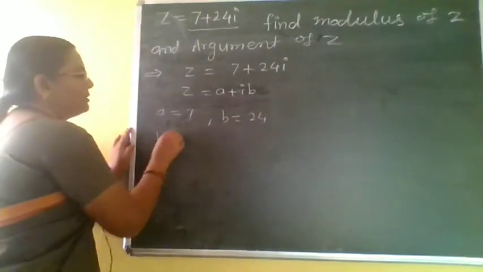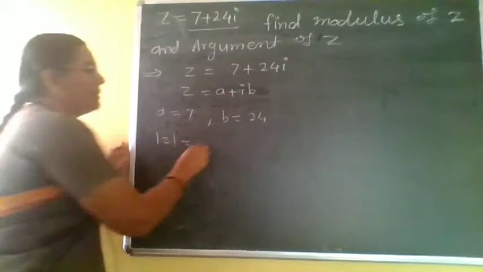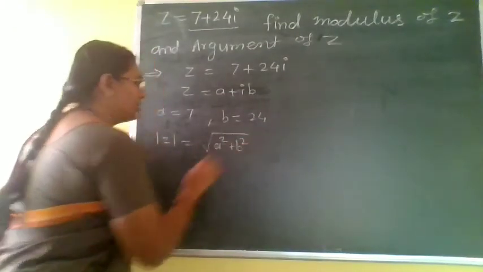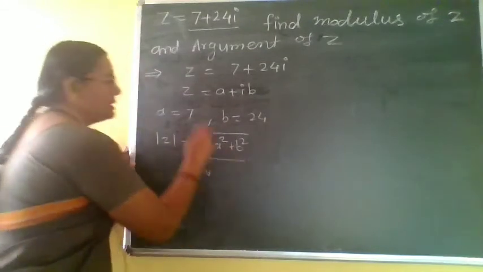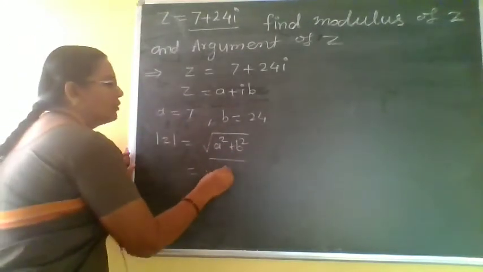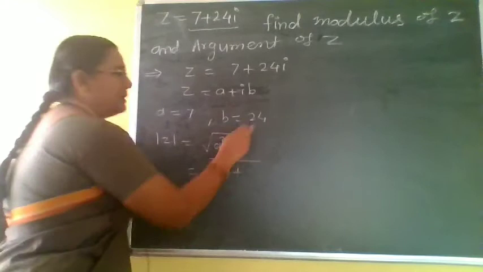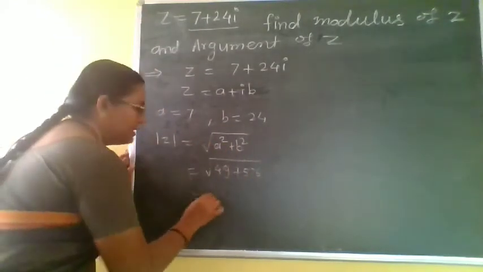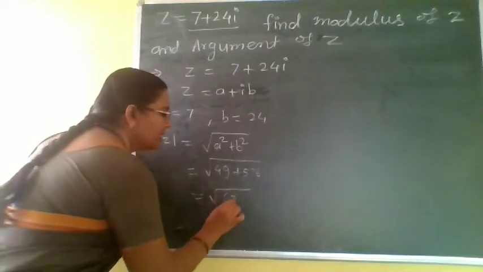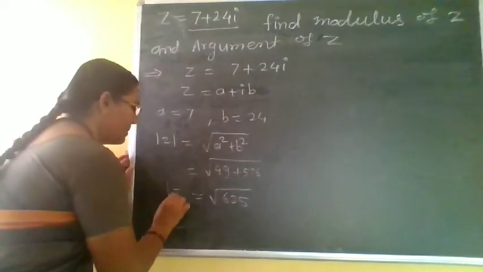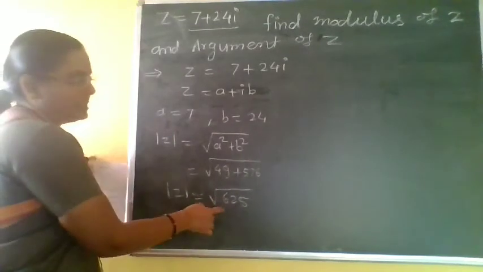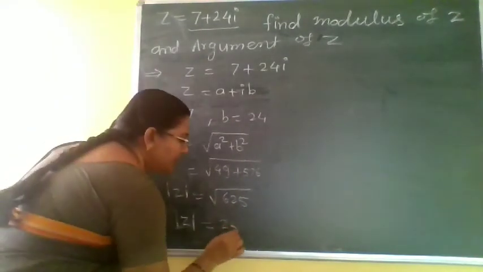Therefore, modulus of z is defined by root of a square plus b square. That is root of 7 square is 49 plus 24 square is 576, and it becomes 625. Mod of z becomes the square root of 625, that is 25.